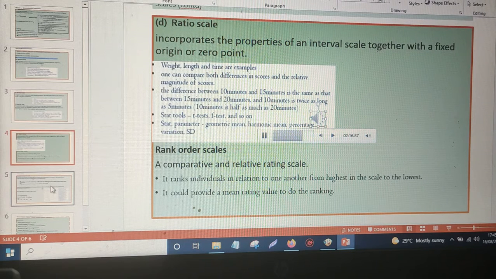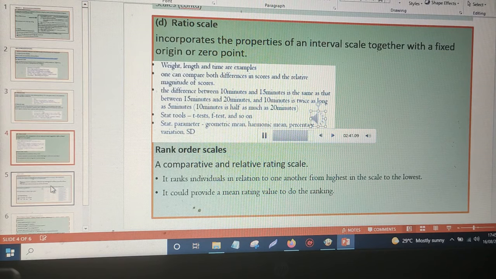And now we go to rank order scales. A rank order scale is a comparative and relative rating scale which you use to rank. So rank order scales rank individuals in relation to one another, from the highest in the scale to the lowest. It will also provide a mean rating value to do the ranking.